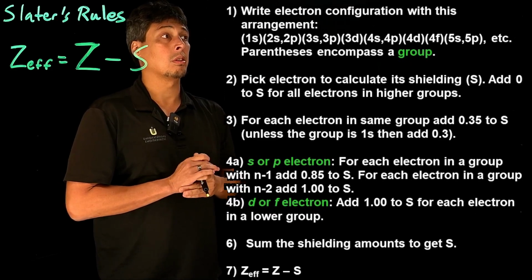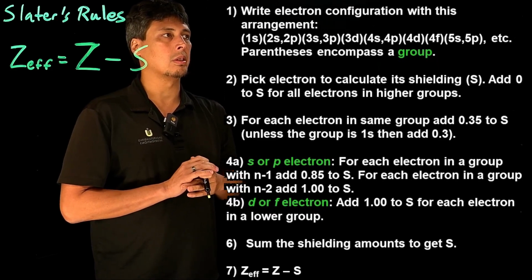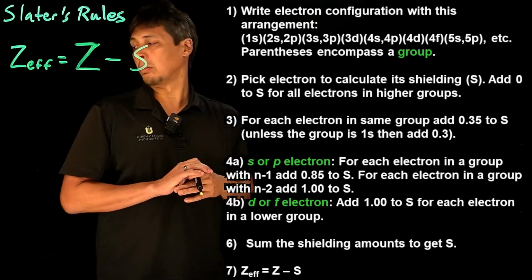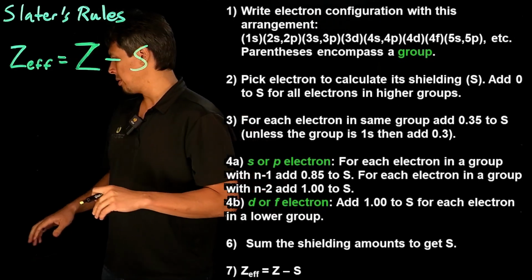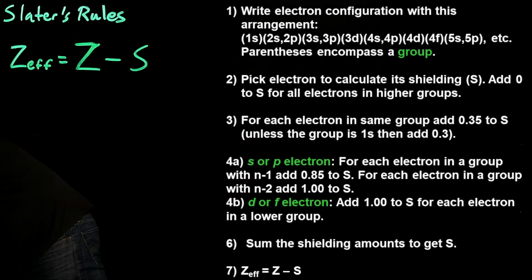So the first one is we're going to write the electron configuration with this arrangement. And as an example, we're going to use vanadium.